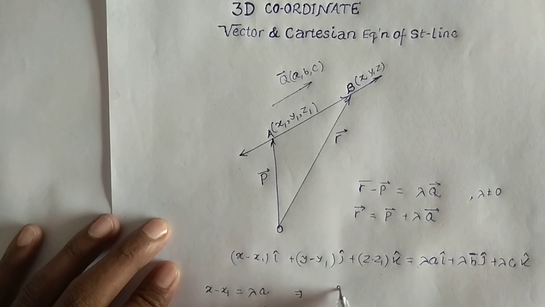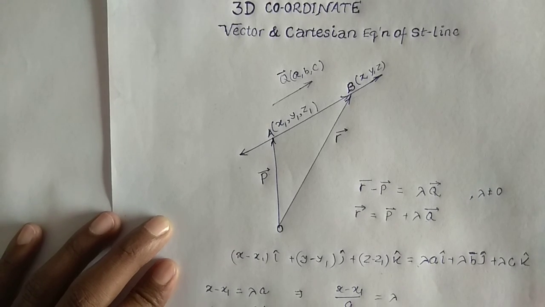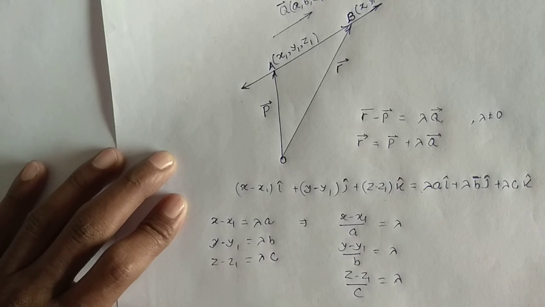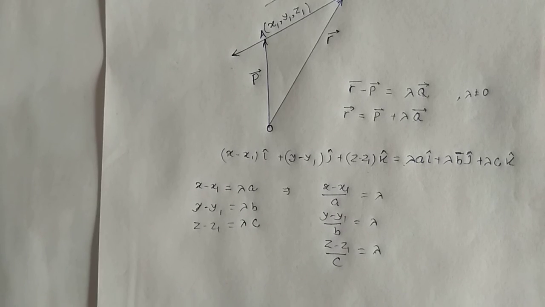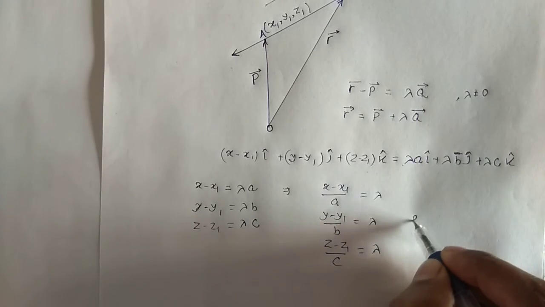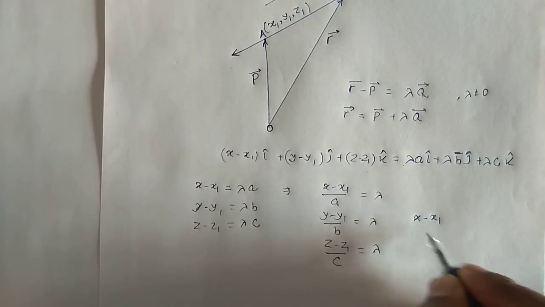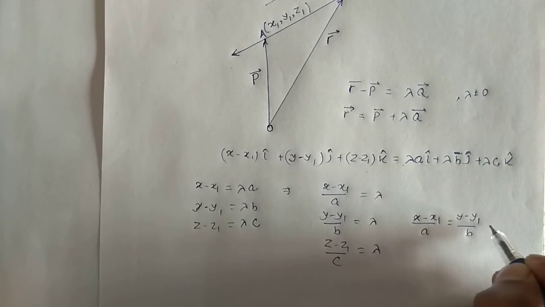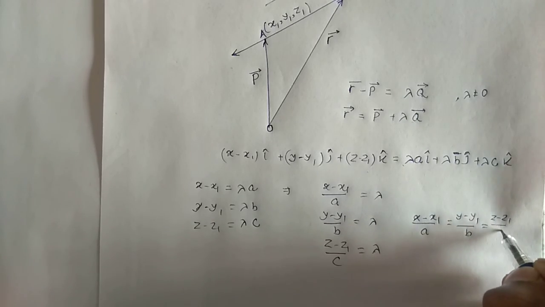From here, (x minus x1) by a is equal to lambda, (y minus y1) by b is equal to lambda, (z minus z1) by c is equal to lambda. Further, we write (x minus x1) by a equals (y minus y1) by b equals (z minus z1) by c.